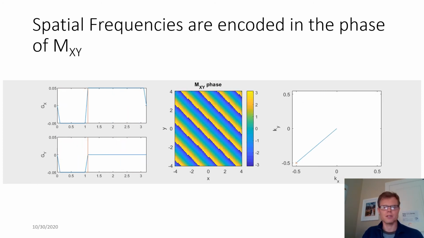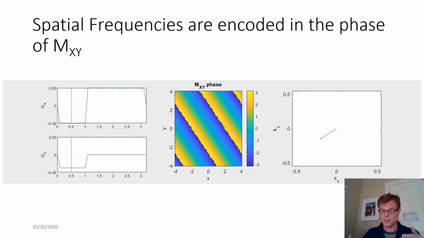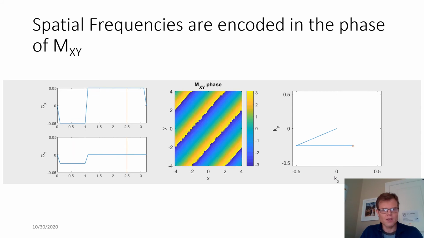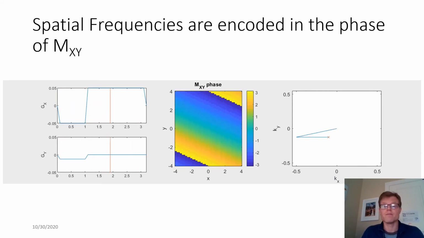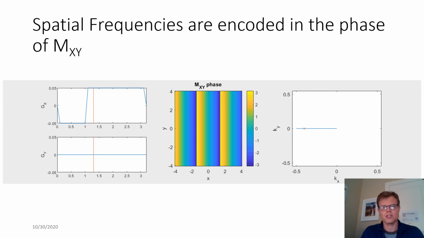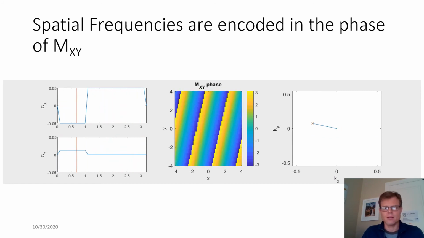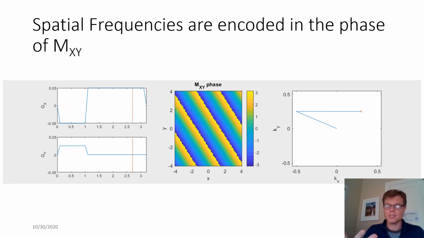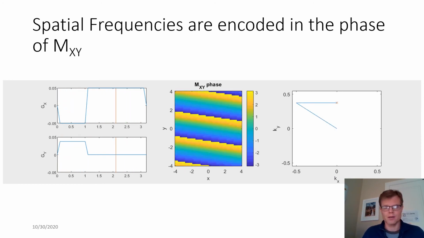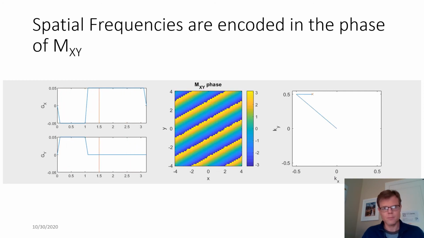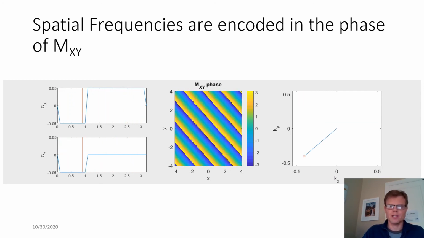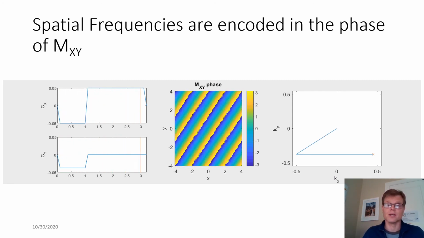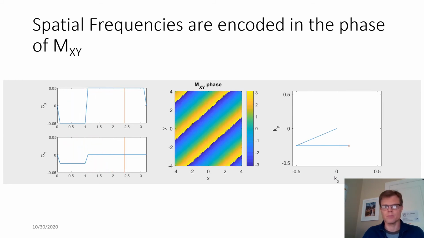And this is a little bit easier to see if, rather than looking at the individual net magnetizations themselves, we simply create an image of the phases of the transverse magnetization. And these phases correspond to those spatial frequencies that were shown a few slides ago. So as we're in different points of K-space here, you get a pattern in the phase that corresponds to those spatial frequency patterns that I showed a couple of images ago.